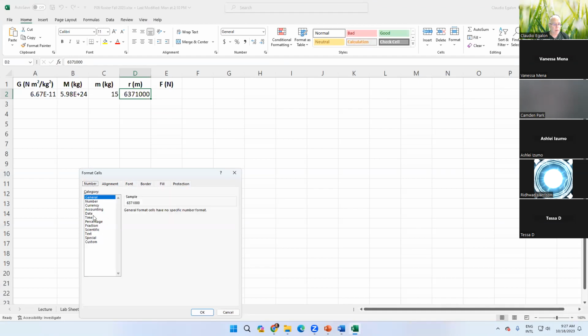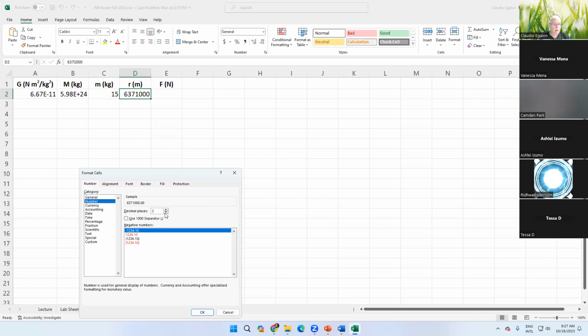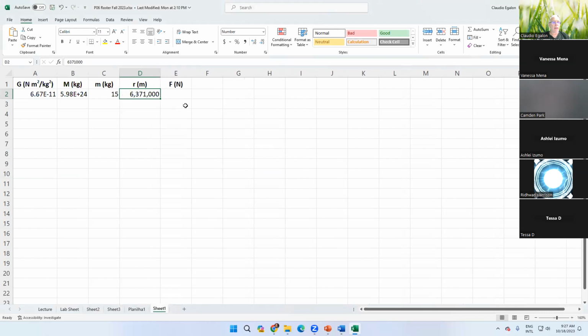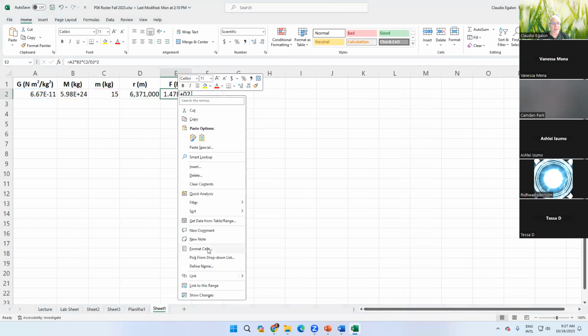And now we can calculate big G, big M, small m over r squared. When we do that, that's what we get for the force of gravity, okay?